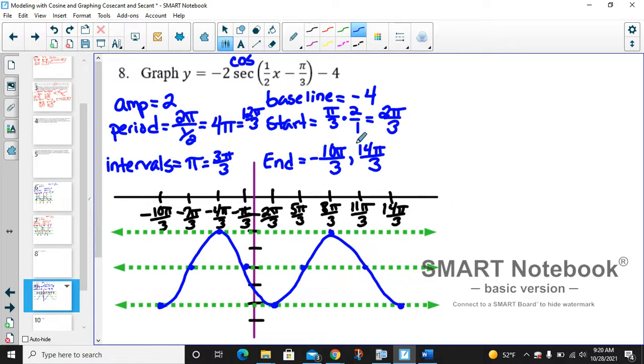But again, we're not doing cosine, we're doing secant. So what we want to do here, there's no 0 here, but that's okay. Our baseline acts as the 0. That's actually what makes this 0 here. So wherever our baseline points are, that becomes our vertical asymptotes.